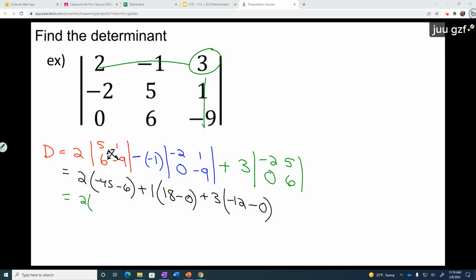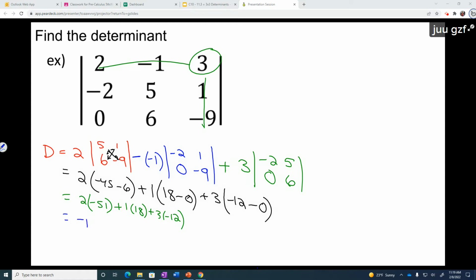So then this becomes 2 times negative 51 plus 1 times 18 plus 3 times negative 12. I would probably just skip the black stuff. Right, and then we go ahead and combine these.